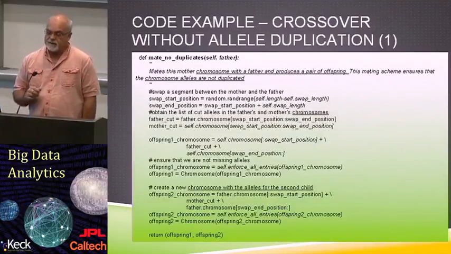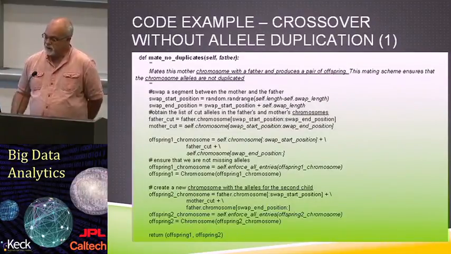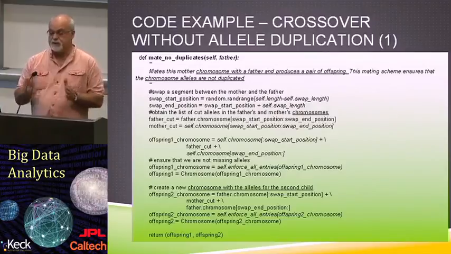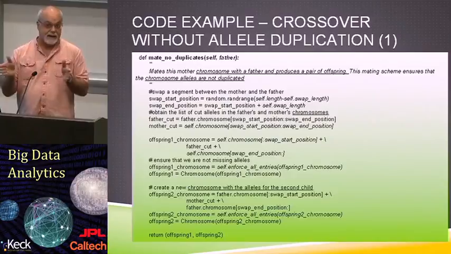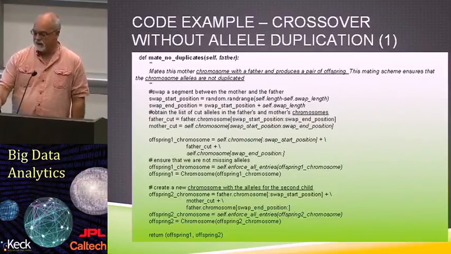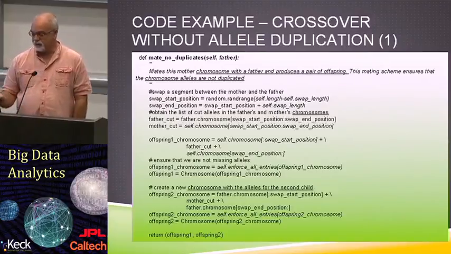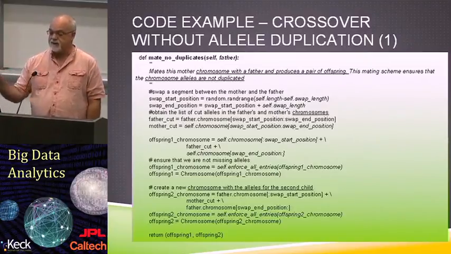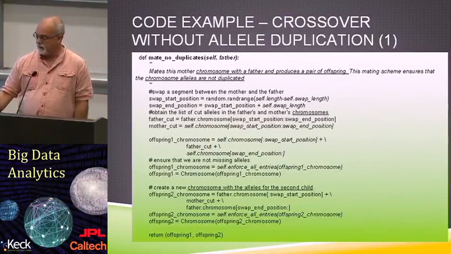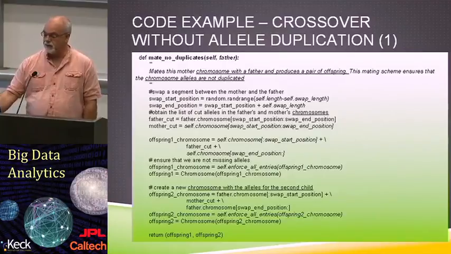This is an enhancement of the previous slide's code, but here we're trying to avoid the duplication which we mentioned a couple of slides ago, where we need to preserve the fact that, in the case of a travelling salesman problem, we only have city A, for example, appearing once in the list. This is the code which ensures that if there are any alleles missing from the offspring, they're replaced with the duplicated alleles in that chromosome.